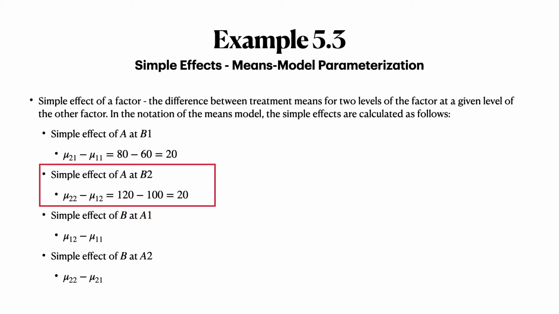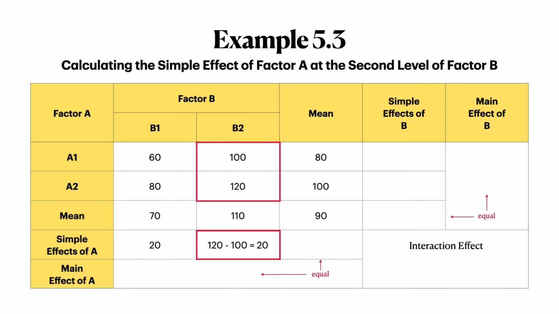That is 120 minus 100, or 20. And so here we see in the context of the table this calculation demonstrated. To get the simple effect of A at the second level of B, we're going to take the difference between 120 and 100, and that gives us 20.